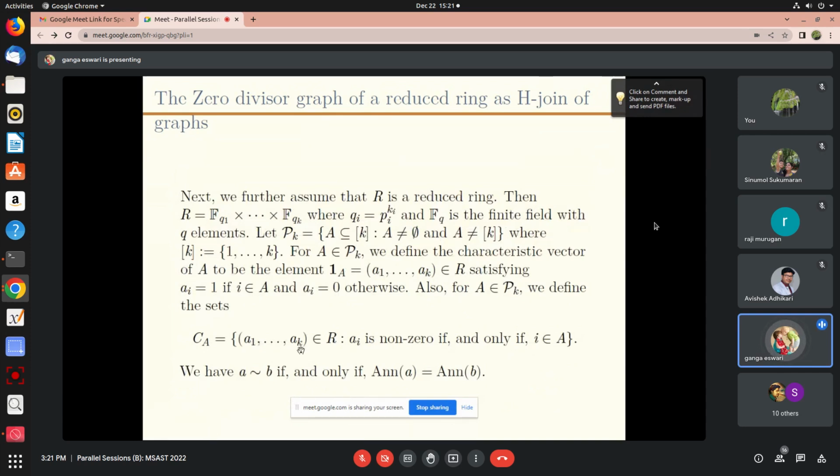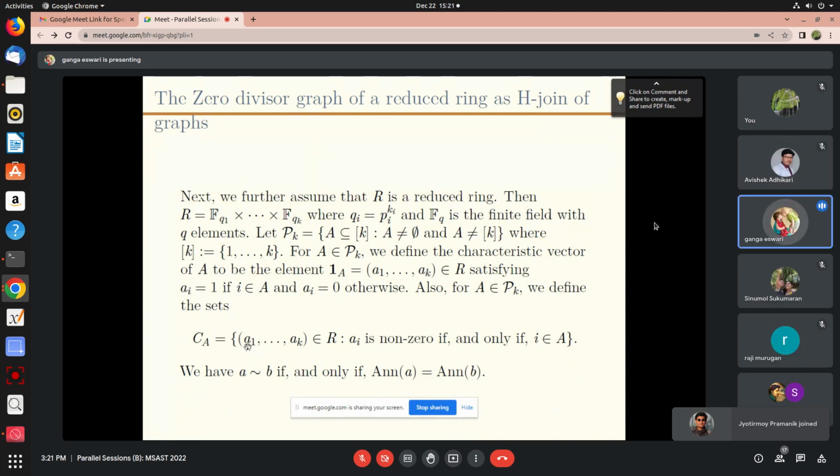C_A contains k-tuples where a_i is non-zero when i belongs to capital A. So this a1 is picked from the first field. The first field contains q1 elements, so it can be filled in q1 minus 1 ways, because this field contains q1 minus 1 non-zero elements.